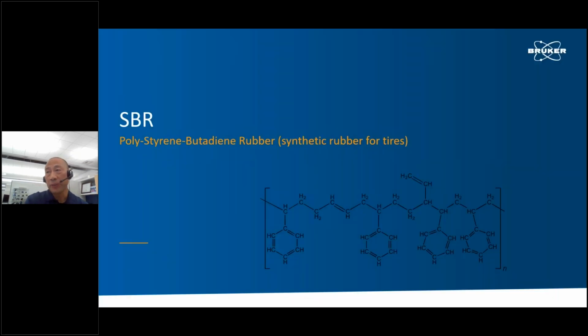Now let's move on to a more real world sample, SBR. It's a synthetic rubber. It has polystyrene and butadiene, that's why SBR.